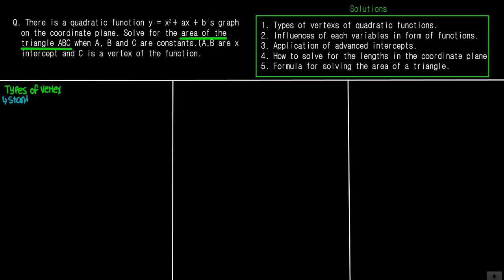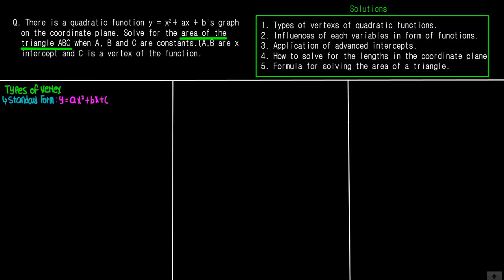So let's go back to our standard form to think about what the a is. And we can also think about the influence of each variable in the function. Our basic standard form is y is equal to ax squared plus bx plus c.